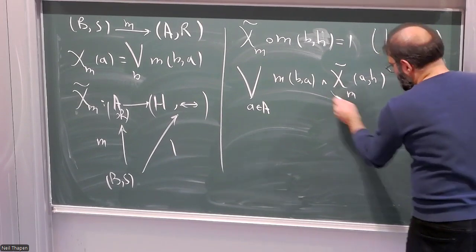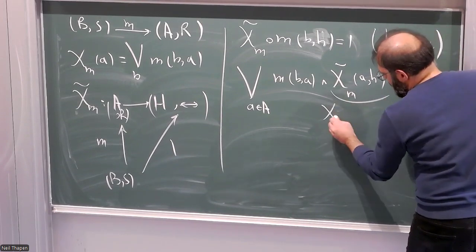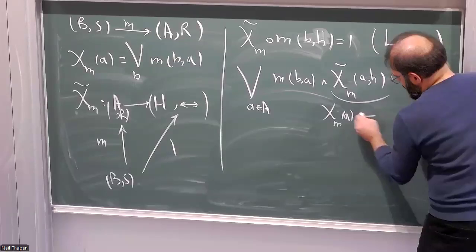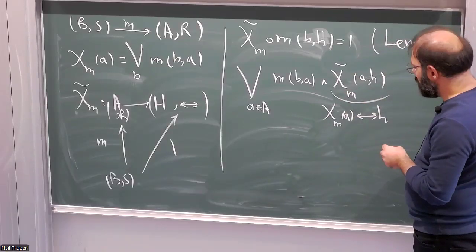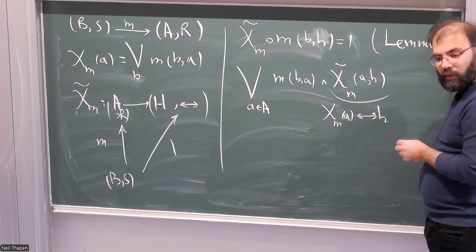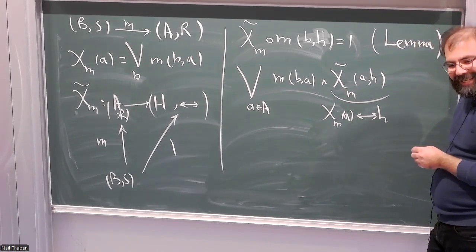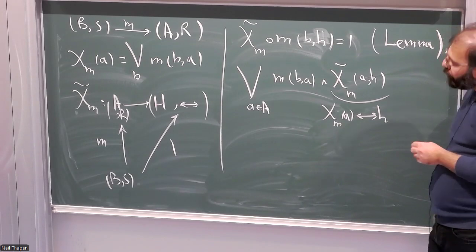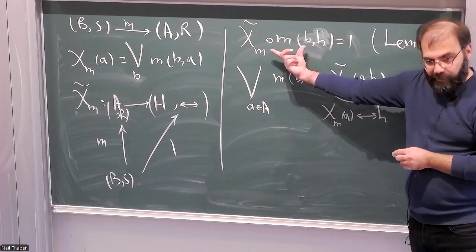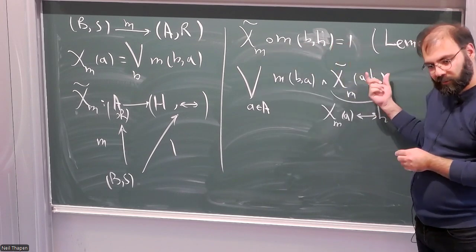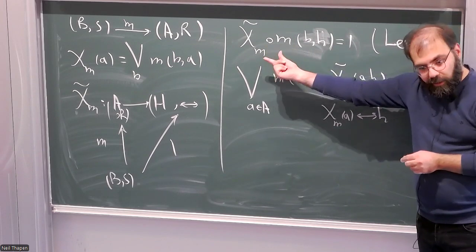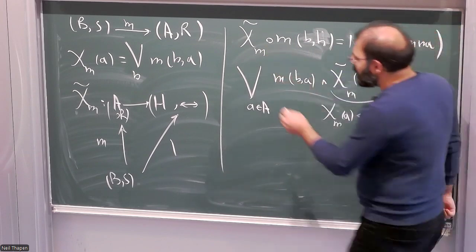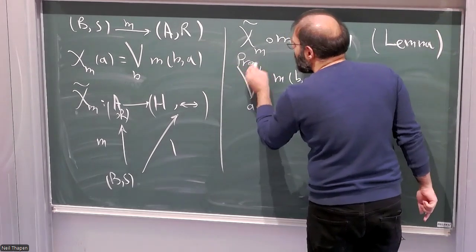And this guy more or less is just simply chi M A is equivalent to H and E of A, right? It is the proof of this equality. I'm computing this guy to show that it equals 1. Right? So the definition of composition. Yes. Proof.